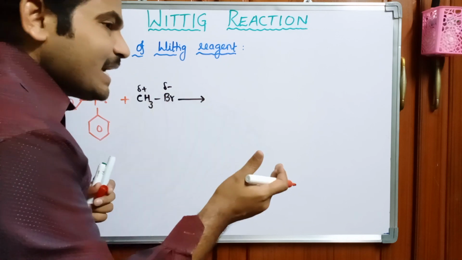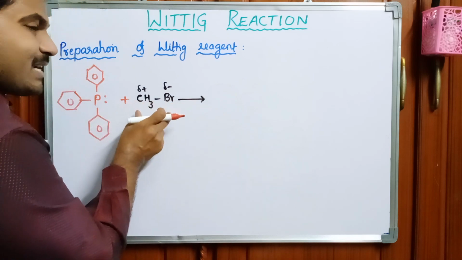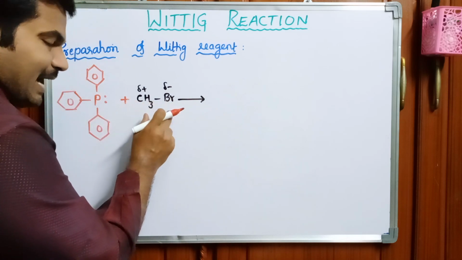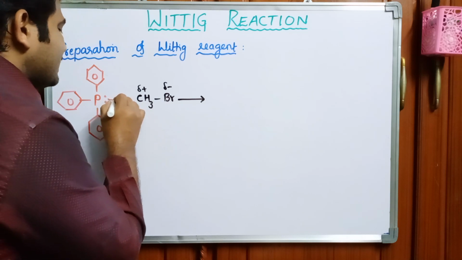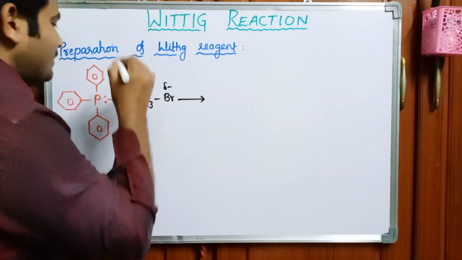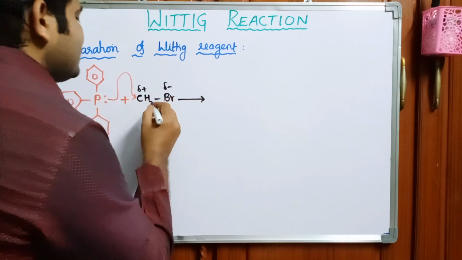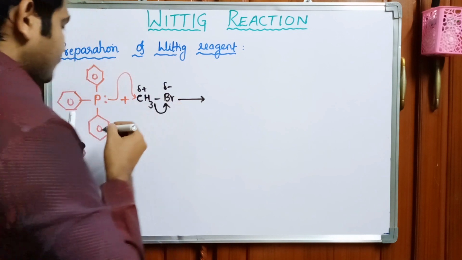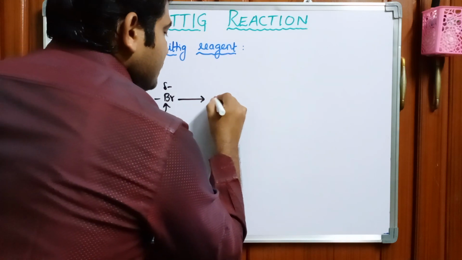Either SN1 or SN2 reactions. In this case, a general alkyl halide undergoes an SN2 reaction. It attacks the electrophilic carbon, so the bonded electrons shift to bromine.